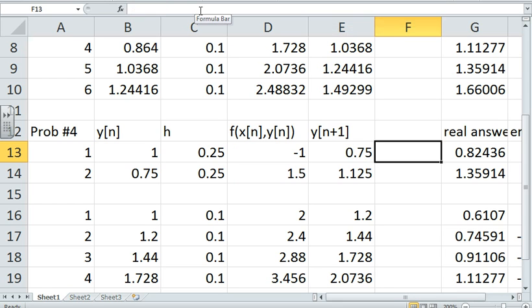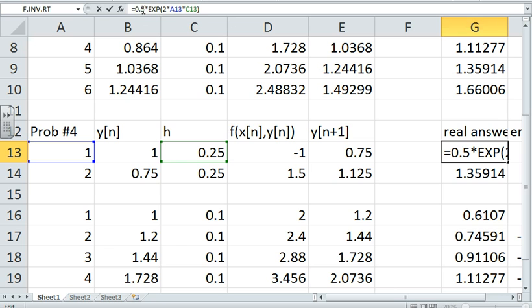Our real answer is going to be 2 times the exponential of minus x.